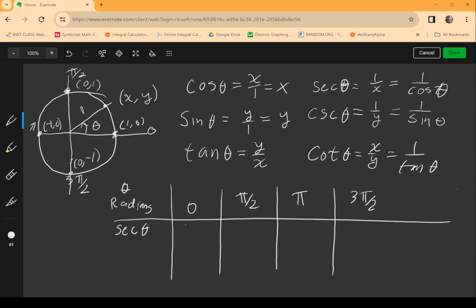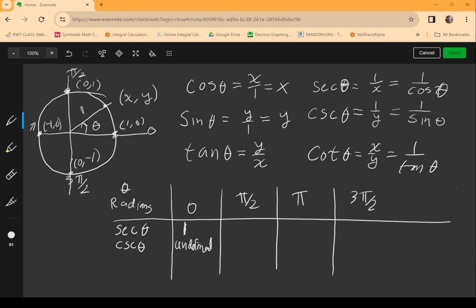That one is fine, that one's just 1, if we're just looking at the secant of theta. Now, when we think of the cosecant of theta, that one involves the y, so it's 0. When we have 0 in the denominator, it's undefined.